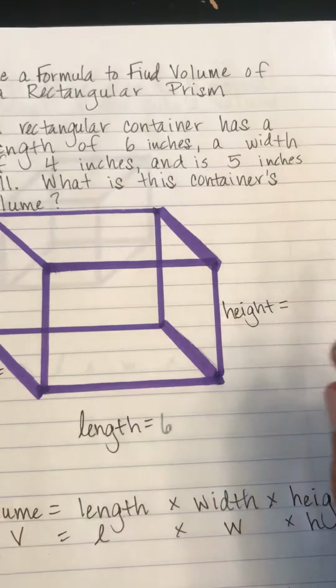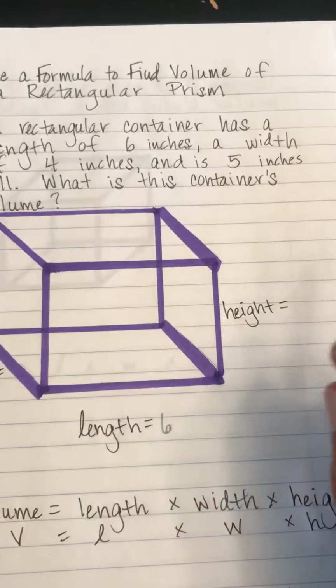And then it says that the container is 5 inches tall. If something is 5 inches tall, that is the same as its height. So the height is 5 inches. Now, the cool thing is if you know all 3 of these dimensions, you can very easily find the volume.